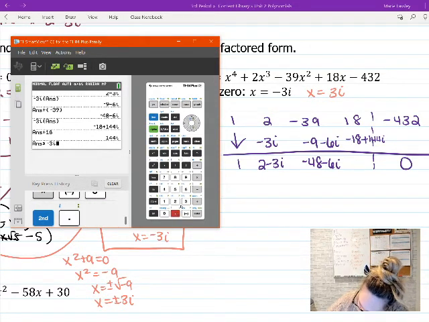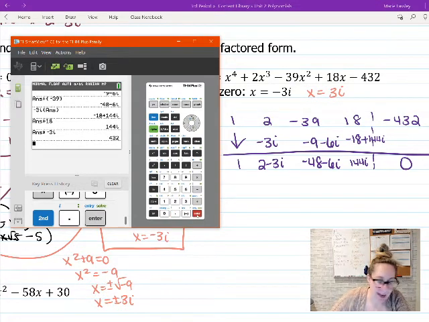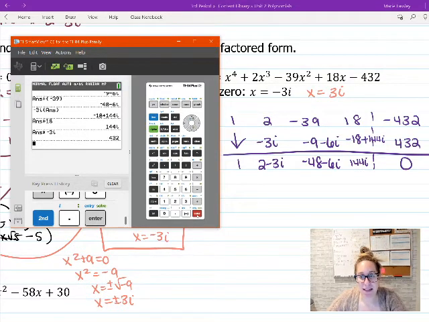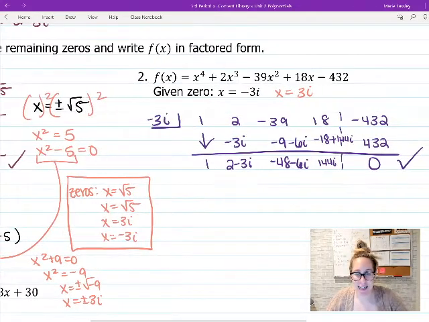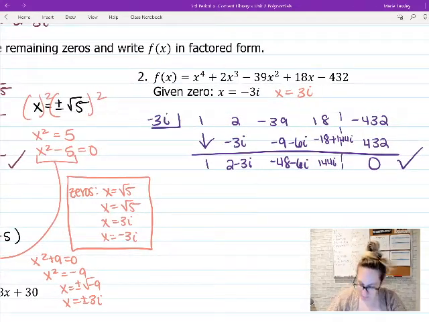Hit enter, and I get 432. Guess what? That makes 0. Yay! I did it. So that was super gross, but that's what calculators are for. If you did that by hand, kudos to you. You're a better person than I am. I did not want to do it by hand.